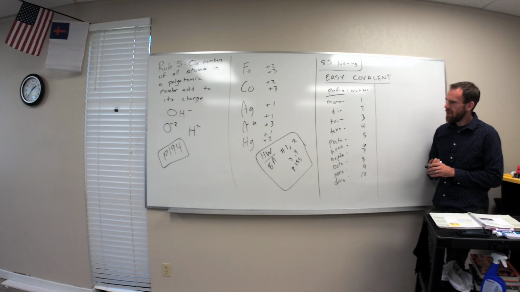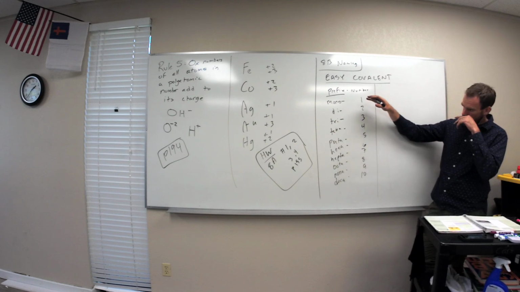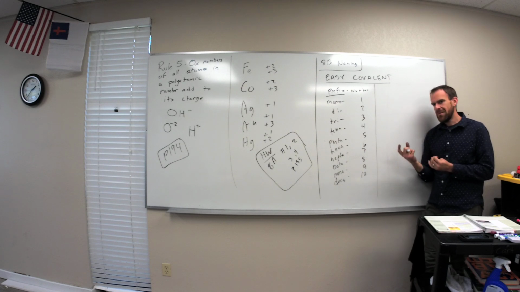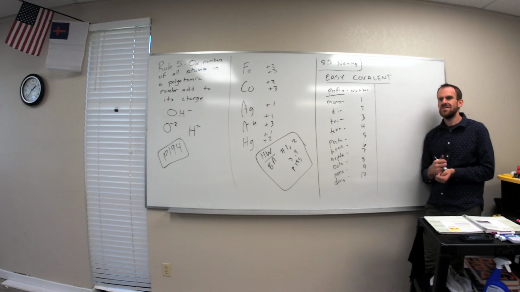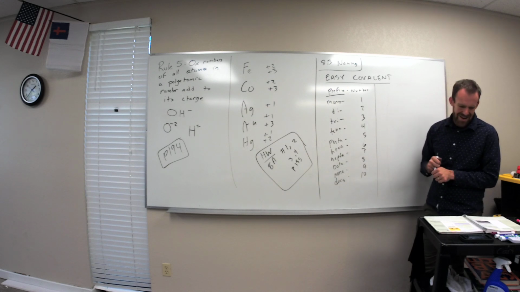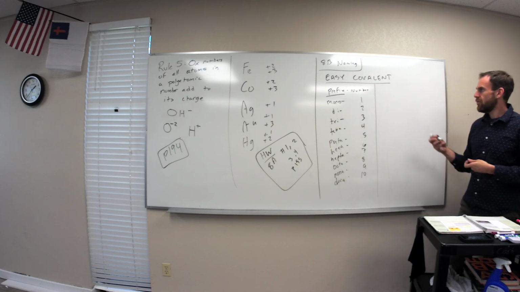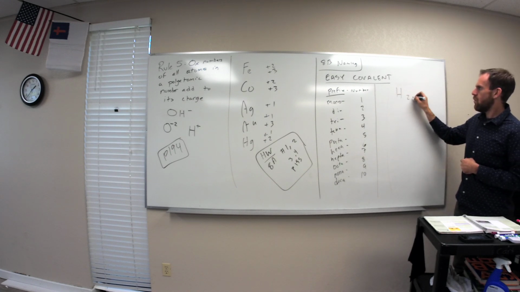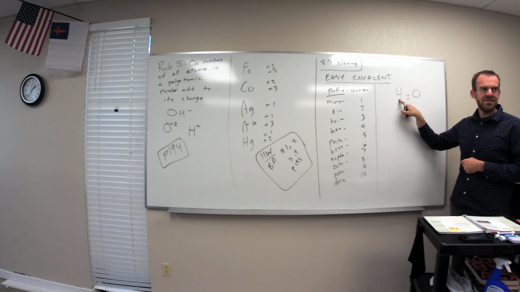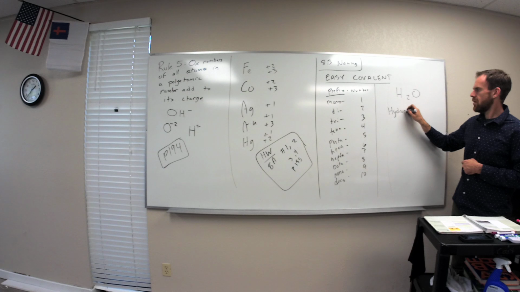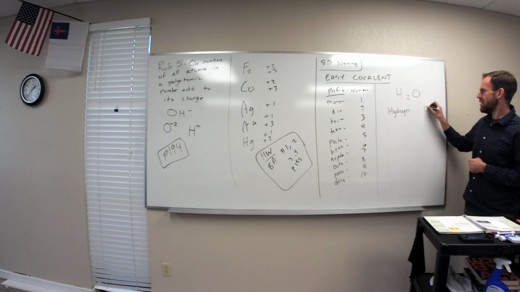So what we're going to do is put these prefixes in front of our element name, and then we are going to replace the end of our second element with ide, I-D-E. So for water, this is hydrogen, this is oxygen.